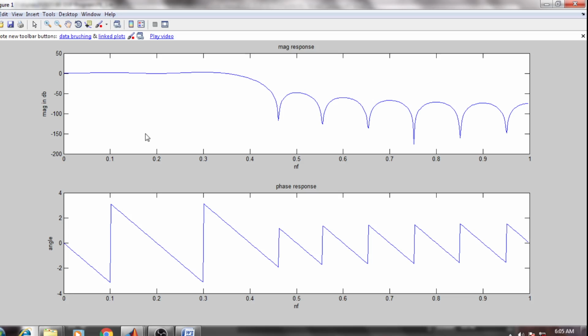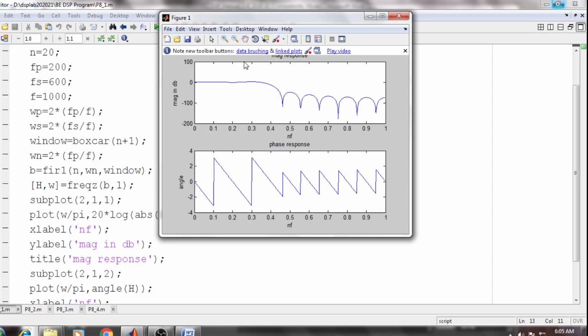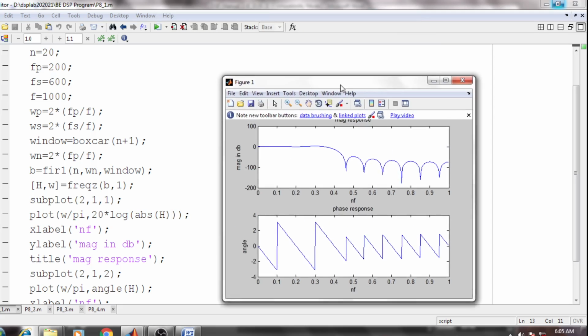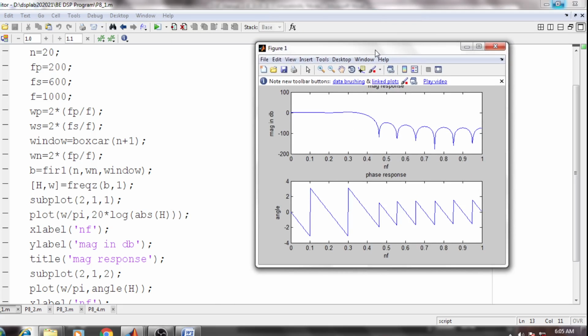But I think it will be quite enough for declarations. Both graphs are beautifully represented here. I hope the mathematical expressions are quite enough for representing these things. So this is about the window low pass filter.